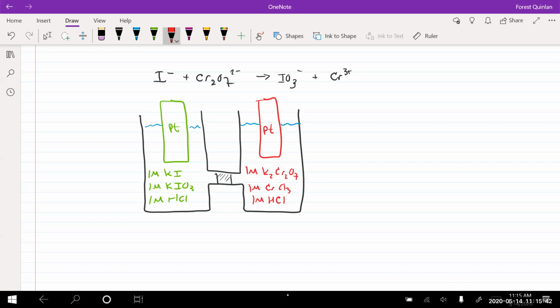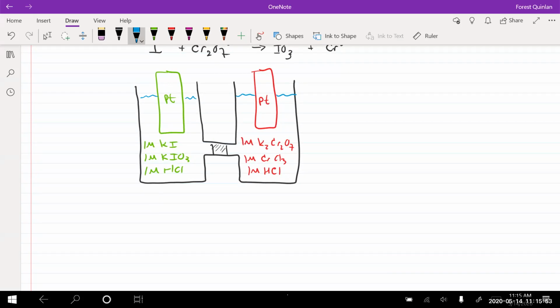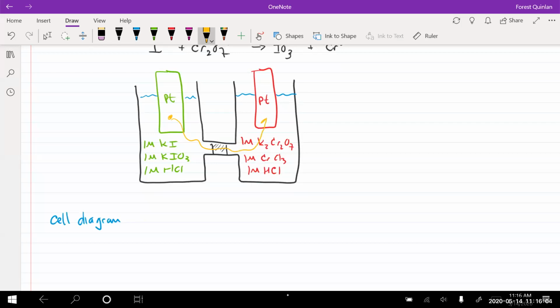Okay. So we built this one. And now we just do the cell diagram. Ooh, that's a lot of writing. And again, just to remind ourselves, we're going to start here and swim our way over from the anode to the cathode. So we start out by seeing the platinum.